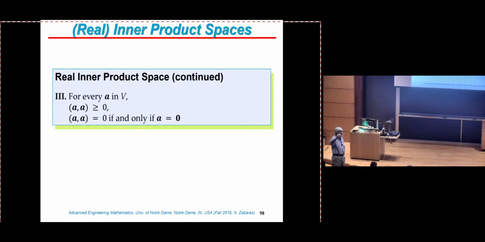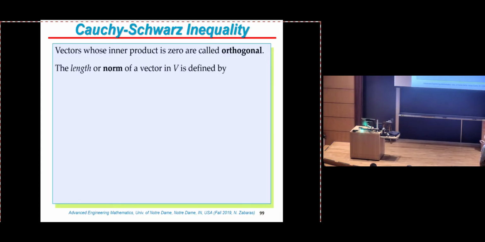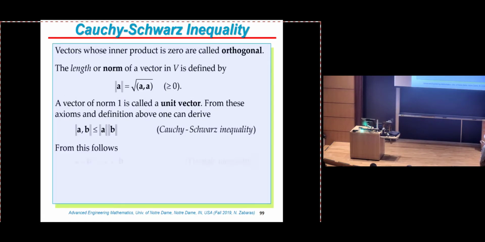The norm means the length, the length squared. And it satisfies these two properties. The norm can be 0 only if the vector is a 0 vector. You cannot have the magnitude of a vector be 0 unless the vector is equal to 0.